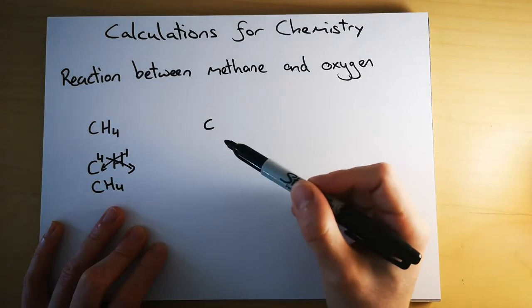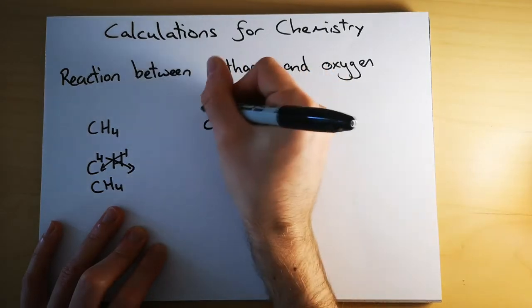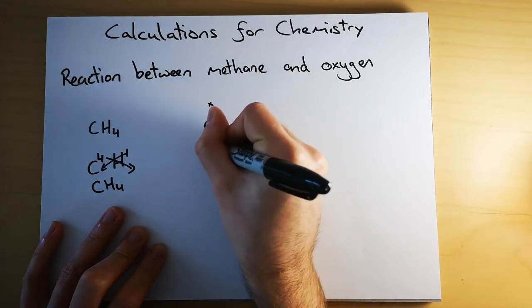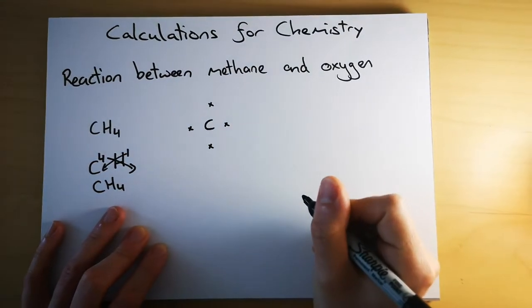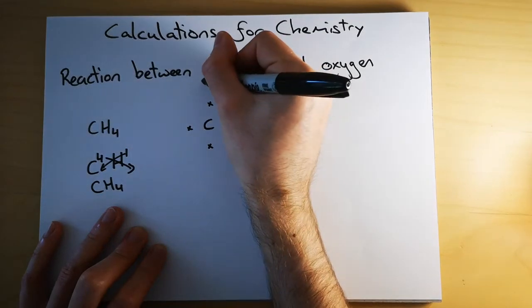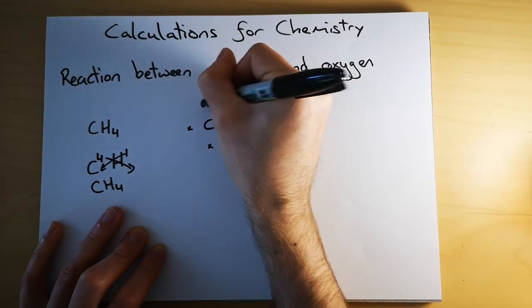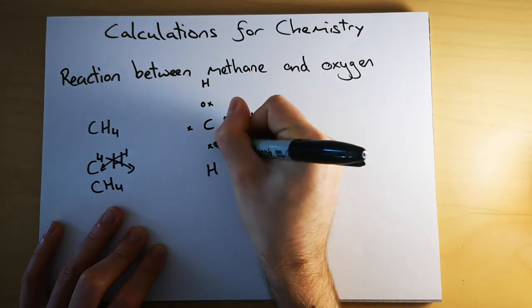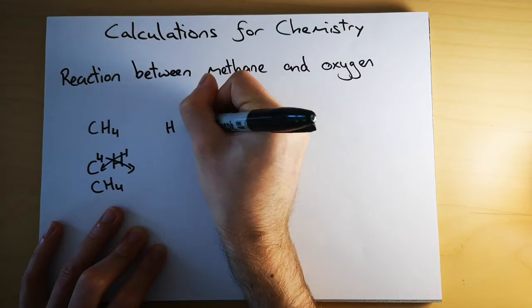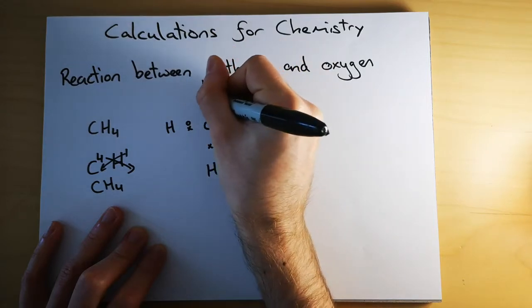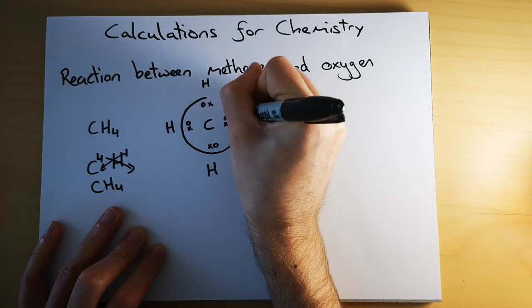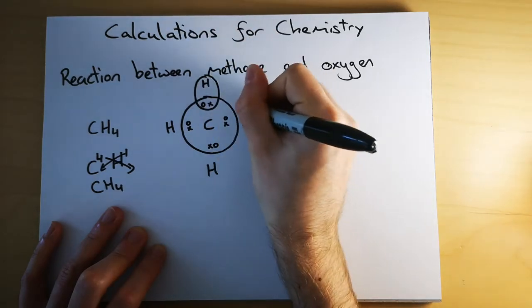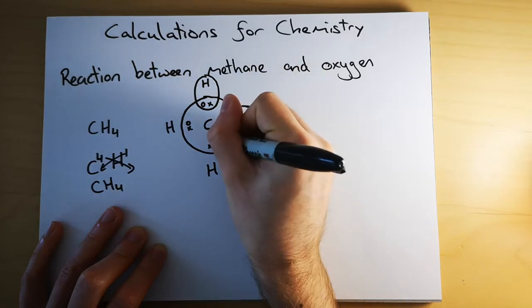If we wanted to show this as a Lewis structure, we would have 1, 2, 3, 4 electrons for our carbon, and 1 for each hydrogen. And this would give us our Lewis structure, sometimes called a dot and cross diagram, of our methane molecule.